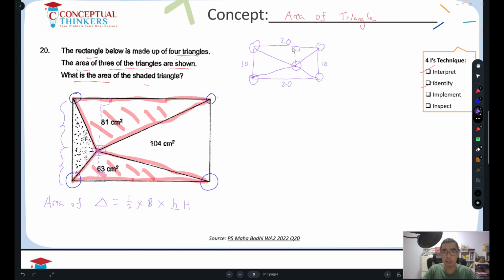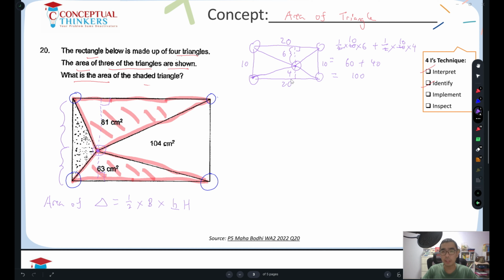Let's say this is maybe 6, and this has to be 4, right? So if you calculate the area of the top triangle, it will be half times 20 times 6. Then I add another half times 20 times 4. So in terms of calculation, we have 60 plus 40, and this will give me 100 in terms of the area.